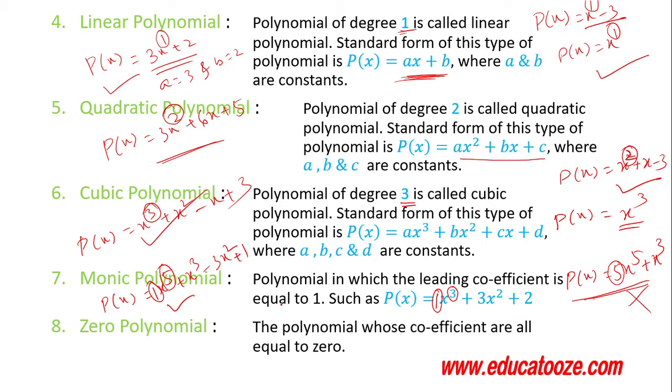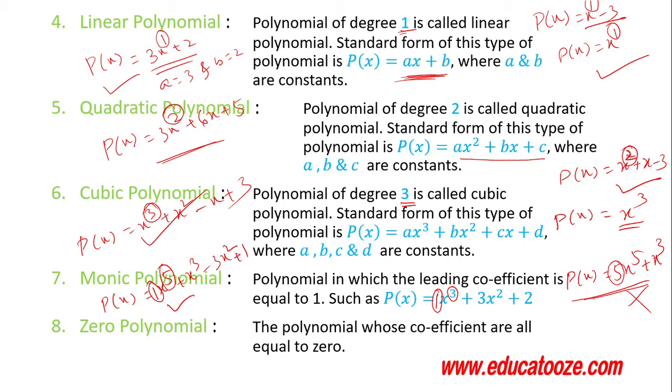Now, the next thing is the zero polynomial. What is a zero polynomial? It's very simple. Keep it in this way: the polynomial whose coefficients are all equal to 0. Very important, the coefficients need to be 0.